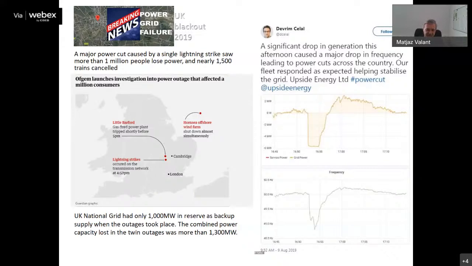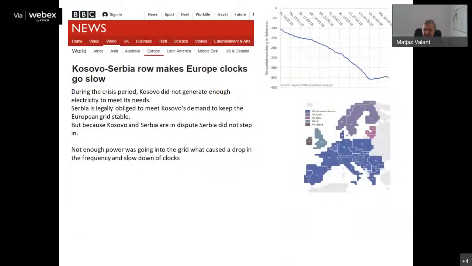A little bit more interesting and to some extent humorous event happened a little bit later, in Europe. It is kind of a political issue, really. I don't know whether you know, but Serbia and Kosovo always have disputes.